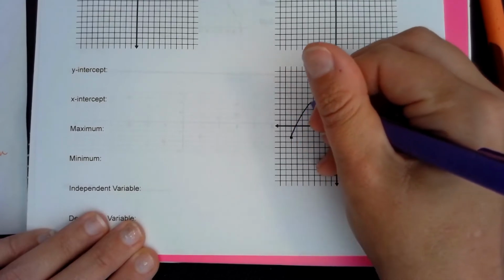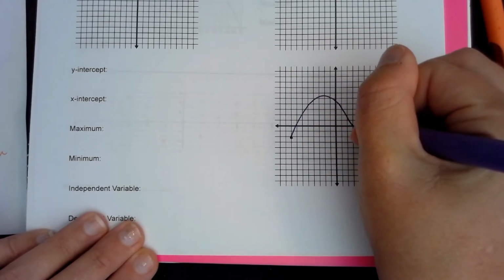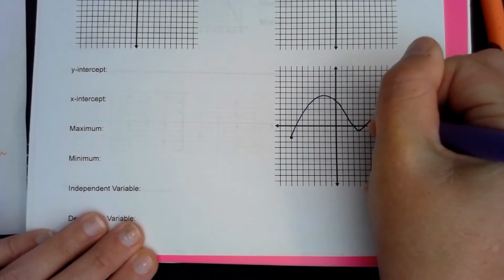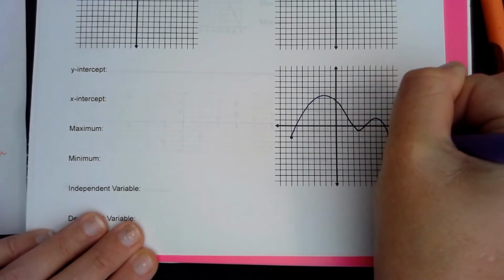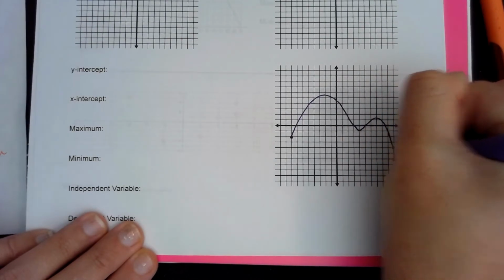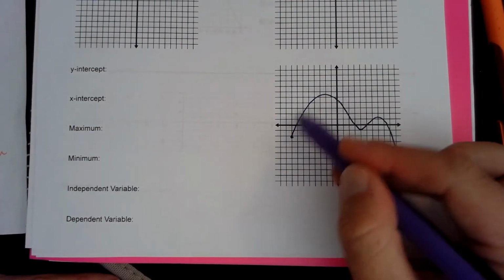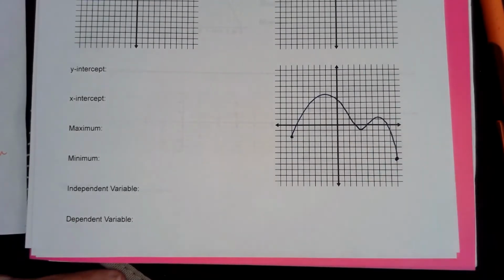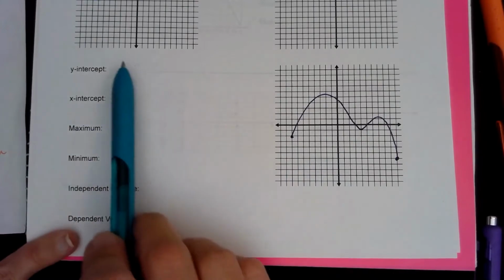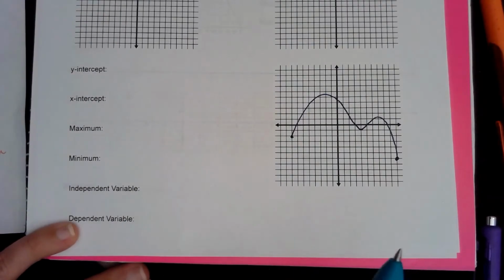Just draw anything. Okay. Just trying to have it have some highs, a little bit of a low, and then a real big low, something like that. Okay. So using this, we're going to define some words over here.